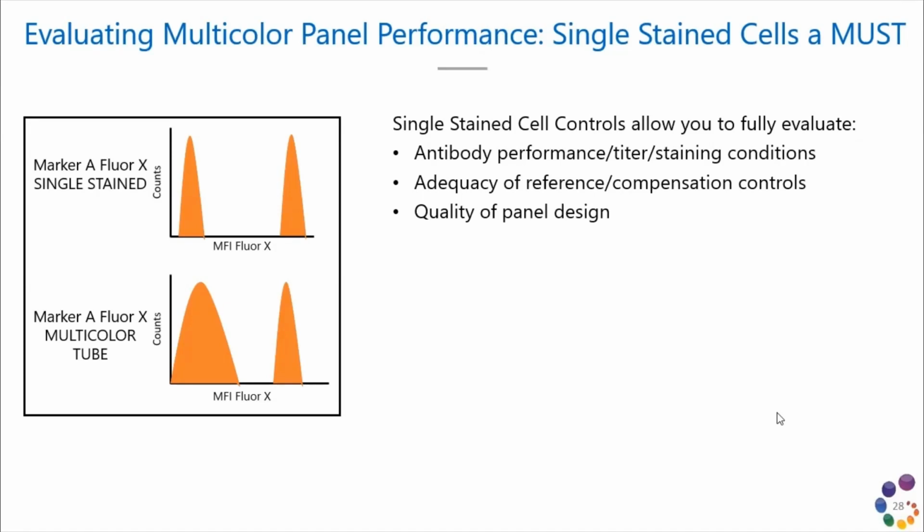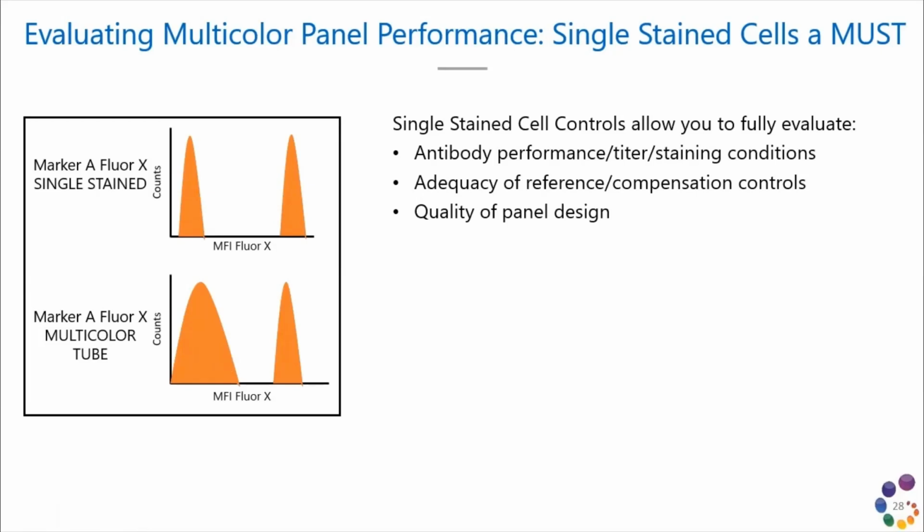If we look at the cartoon here on the left, the top plot is showing marker A on Fluorochrome X for the single-stain control tube, where we see a nicely clustered positive and a tightly clustered negative, with a good amount of separation between the two. Then we look at that same marker for the same fluor in the multicolor tube. We notice there are some changes. The biggest one is that the negatives have quite a bit of spread introduced into them once they are in this multicolor environment.